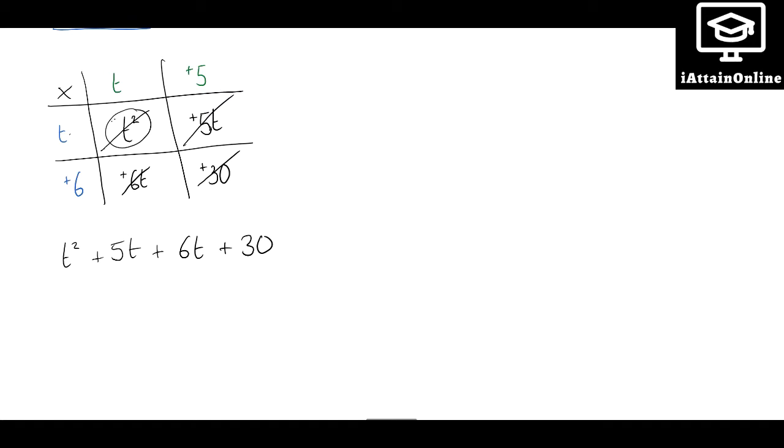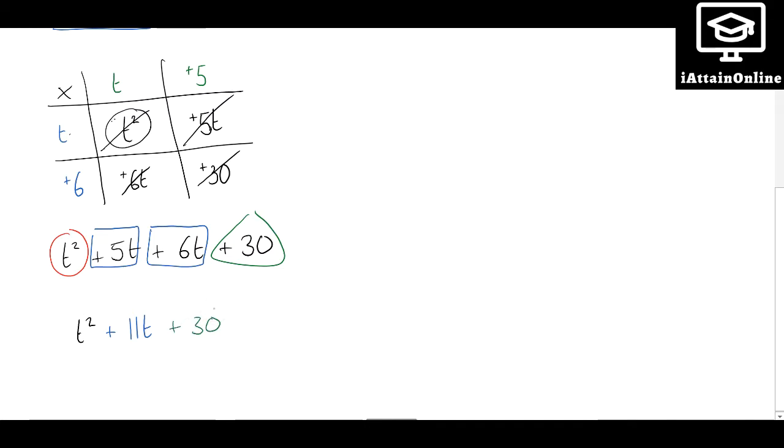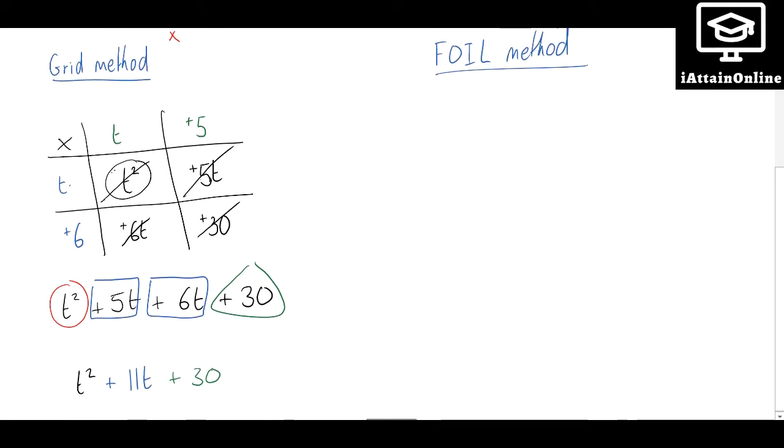So I've only got a t squared here, and then in a different shape, different colour, I'm going to put a box around everything with a t in it and include the sign that comes before it. So if I've got positive 5 and I add 6, that's plus 11t, and then finally plus 30. So that's the answer. We've expanded and simplified. That's the first method.